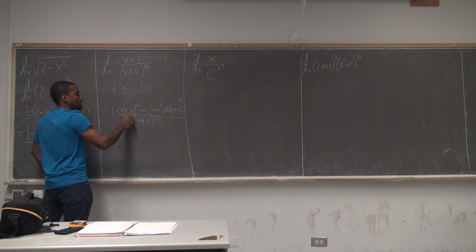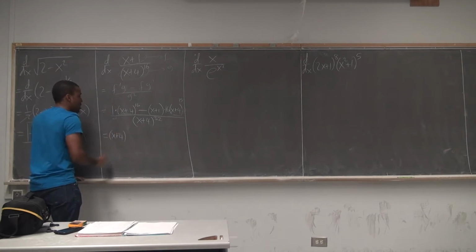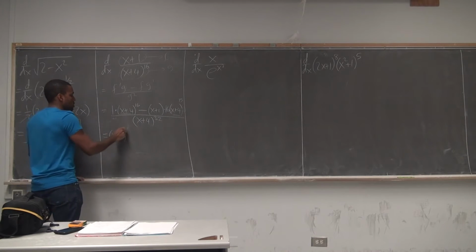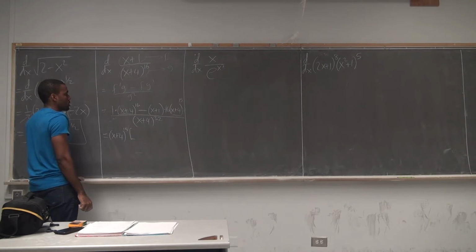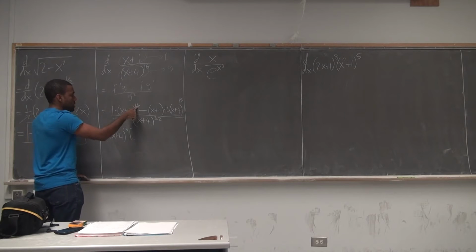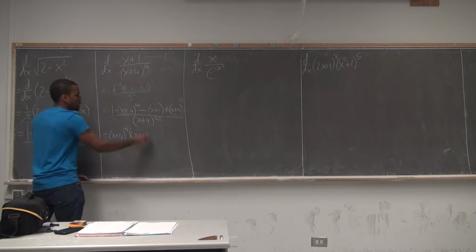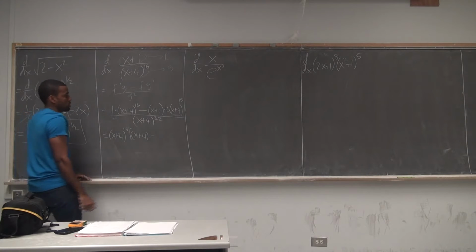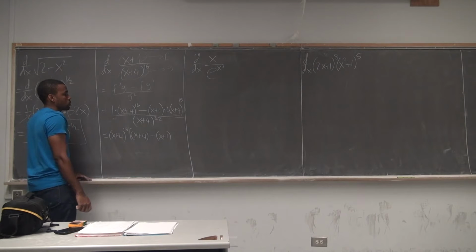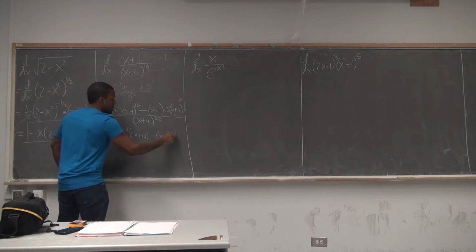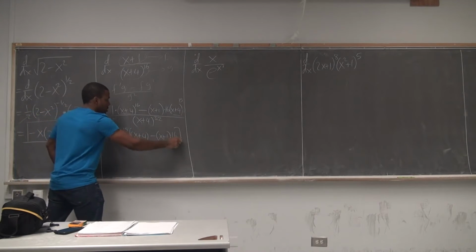Factor out. X plus 4 is a common term. I can pull that out. What power do I pull out? 15. Pull out the smallest power. What do I have left over? Right, because I had 16 factors, I pulled out 15, so there's one factor left, just x plus 4 minus x plus 1, times the 16, and that's it.